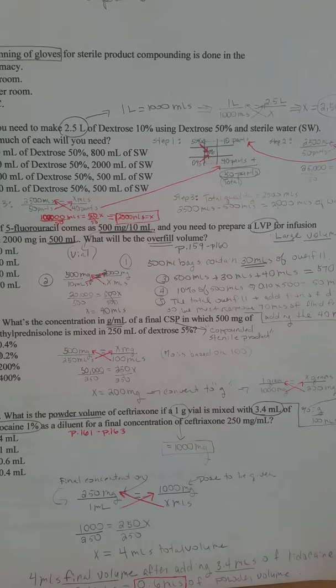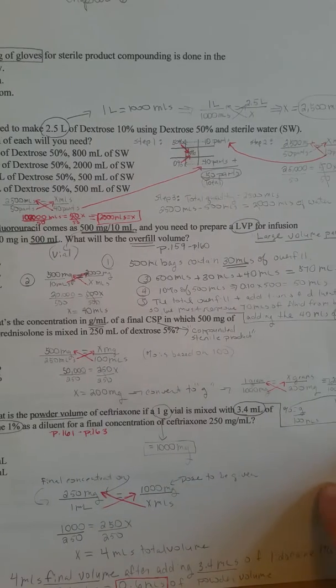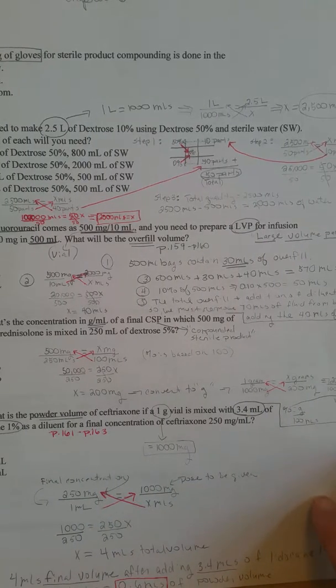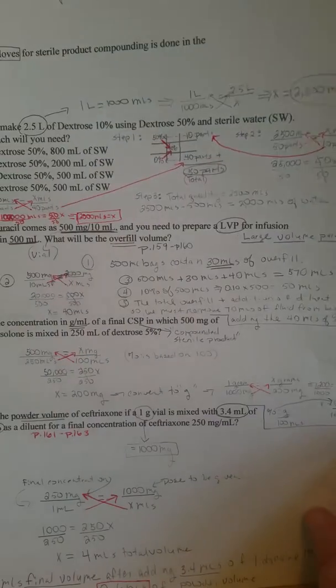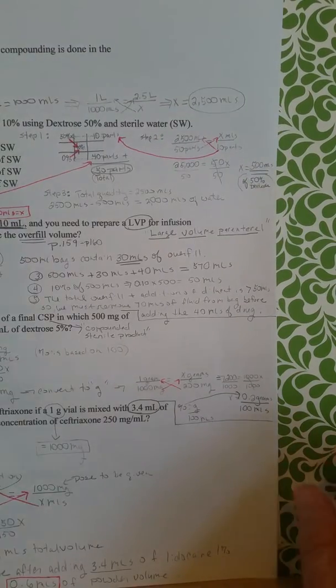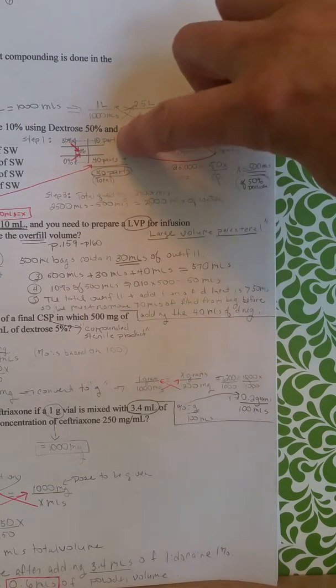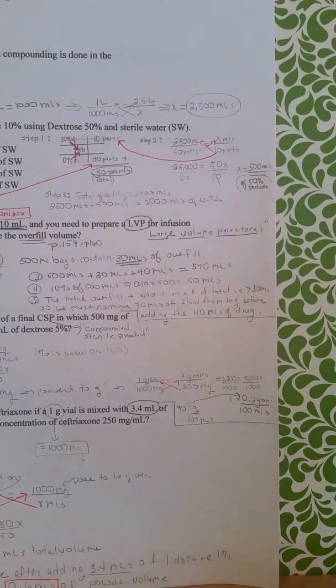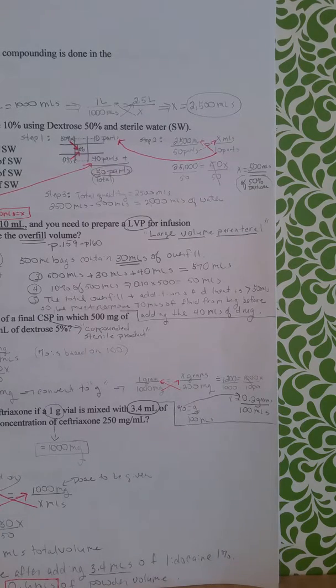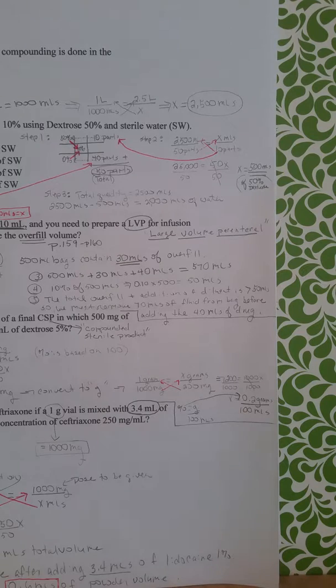Total mLs is 2,500. So we're going to say 2,500 mLs over 50 parts equals x mLs over 10 parts. So we're trying to figure out how many mLs is in this 10 parts right here. So when you cross multiply, you're going to get 25,000 equals 50x.